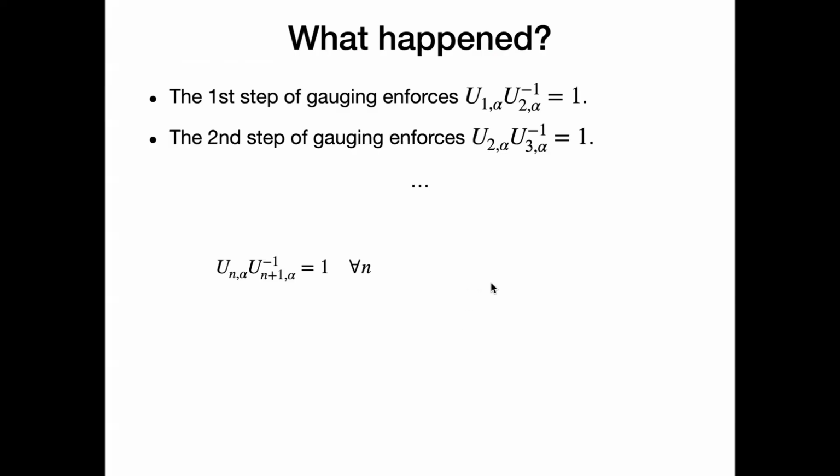A particular consequence is that if you multiply all of these generators together, you find that U1 alpha times U capital N alpha inverse equals 1, where capital N is the total number of layers. Suppose you take open boundary condition in the layering direction. Then this just means that the symmetry A that you start with has been enforced on the boundary of the k plus 1 dimensional system.